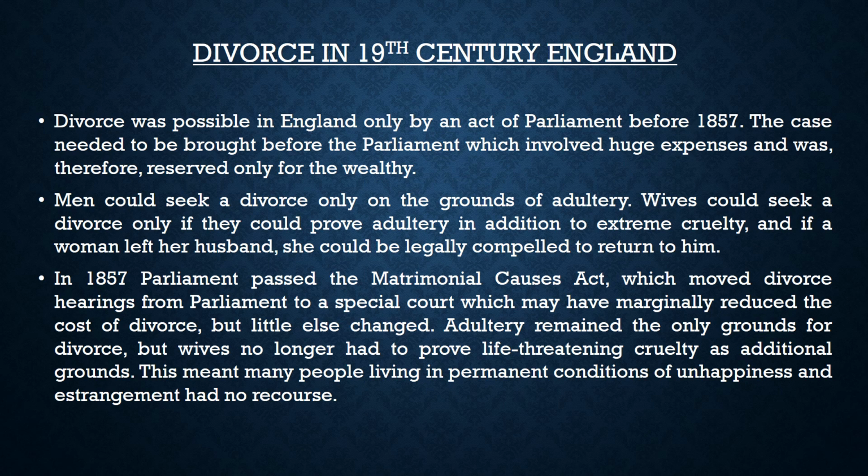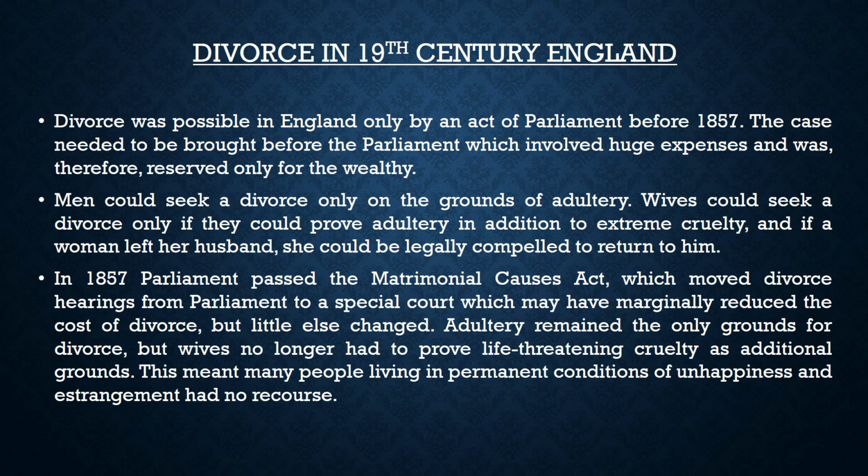So when this act was passed by Parliament in 1857, the case would be heard in a special court, which reduced the cost of divorce, but the reduction was very marginal. Apart from that, little changed. As far as the other conditions are concerned, nothing changed, only the hearings would take place in a special court.